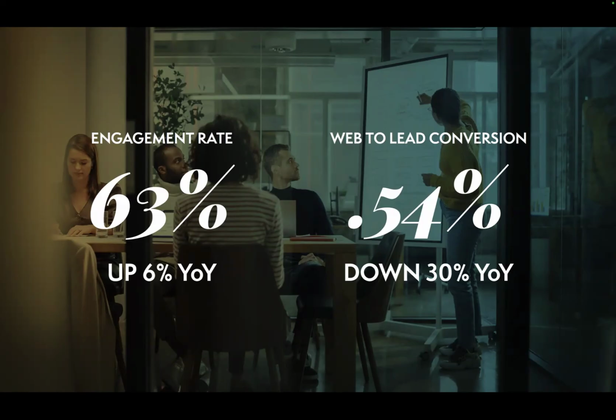And one thing we're looking at is, if things are slowing down, or maybe the rate of these engagements and leads is changing, what exactly does that look like? Something we've found year over year, comparing the last 365 days to the previous 365 days, is that engagement on home builder websites is actually up just a little bit to about 63%.